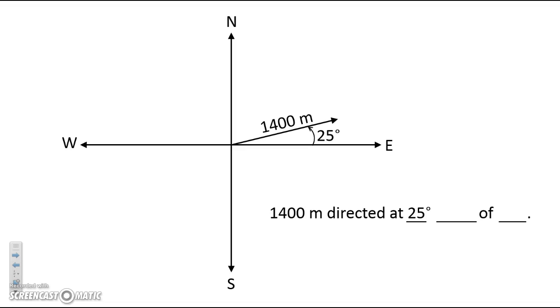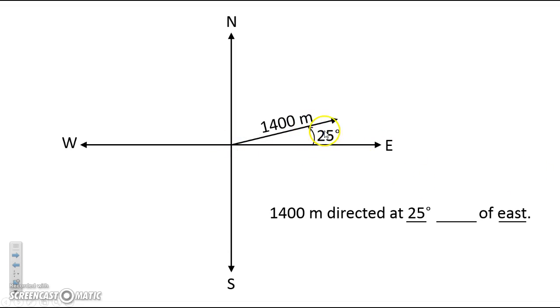You find this last blank by looking at what you've used to mark the angle. We are marking the angle from this line. We are measuring our 25 degrees from this line to the vector. And this is east. So that last blank is east. And then in the middle blank, you say, okay, have we gone up to get to this vector, or have we gone down to get to the vector?